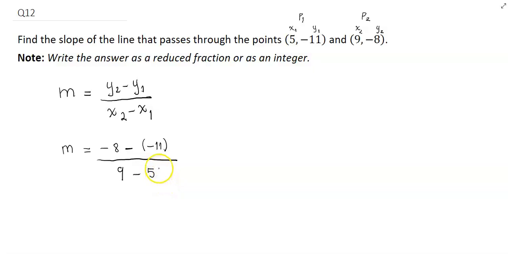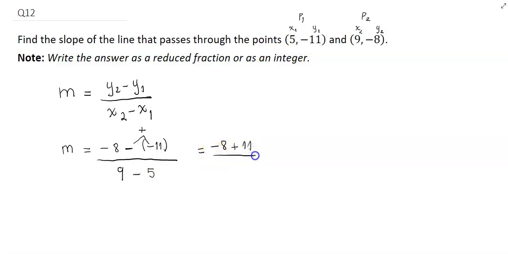Be very organized, you need to identify the signs. Okay, I have a negative here that is multiplying by another negative. So those two multiplying by each other make a plus. And here there is a 1, but I don't need to write 1. So this turns into negative 8 plus 11.